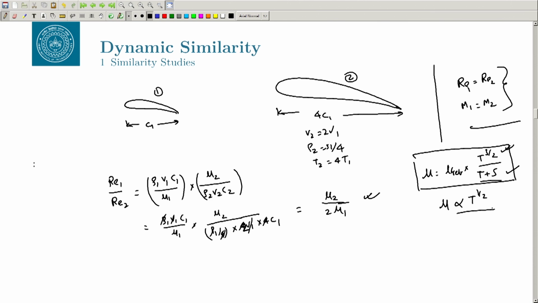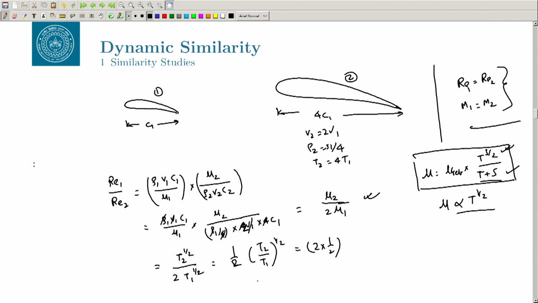So, mu 2 can be written as T to the power half, and some other factors which are constant for both. So, this is 1 by 2 into T2 by T1 to the power half, and T2 by T1 is 4, which is 2 into 1 by 2.